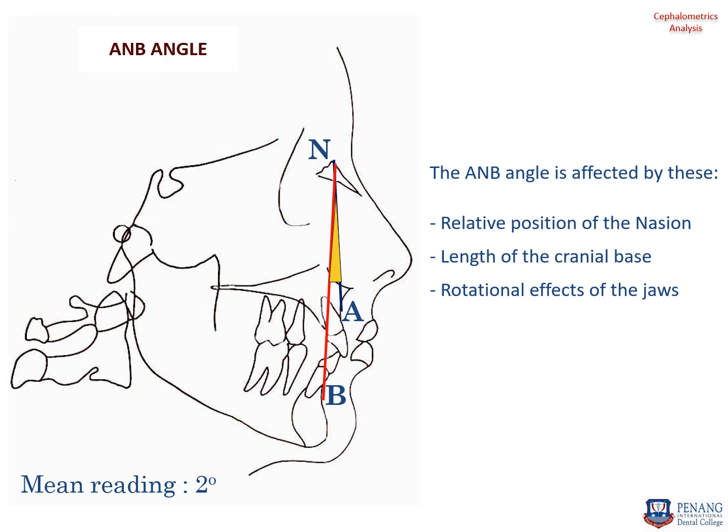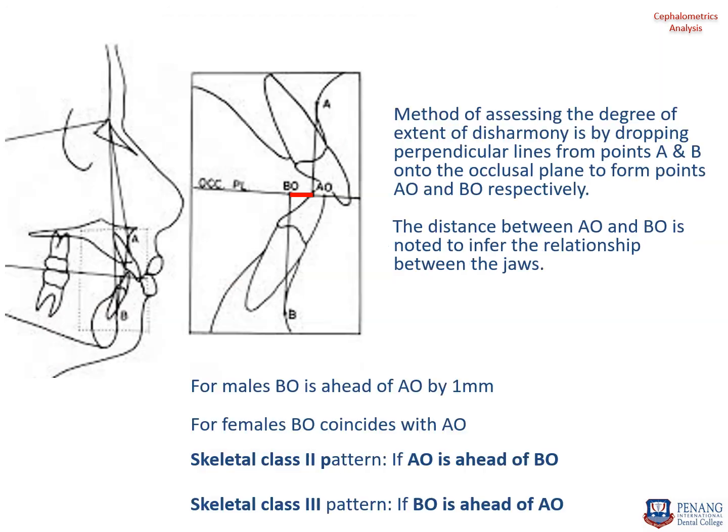So this is the reason we usually perform a Wits analysis, to overcome this limitation of the A and B angle. What you do here is construct a line from point A to the occlusal plane.